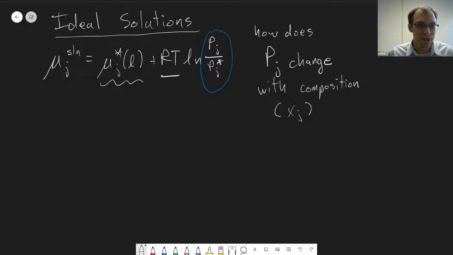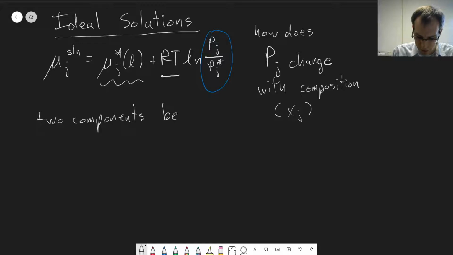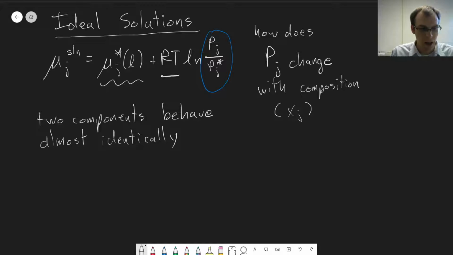But an ideal solution would be two things mixed together that are very similar to each other, and therefore don't really exert any different forces than you would expect. So an ideal solution is one where the two components behave almost identically, specifically thinking about their intermolecular forces.